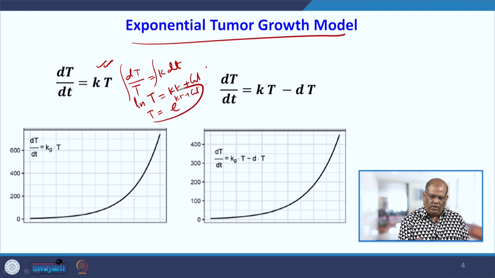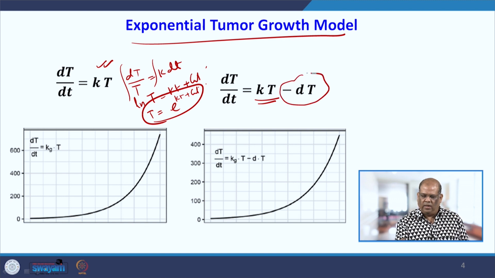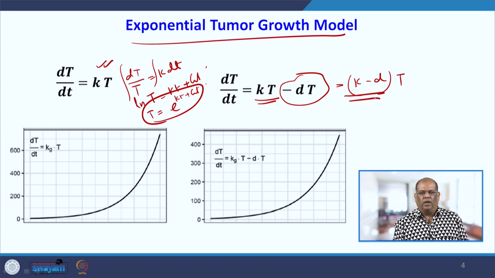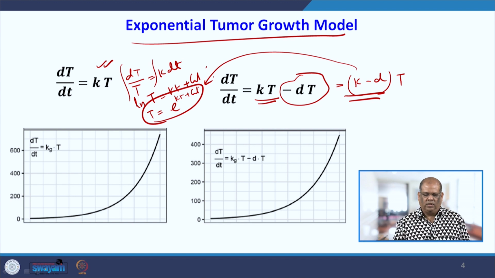So, that is why it is called the exponential tumor growth model. With the same logic, I say that there is some natural death of tumor cells, and hence this minus dT comes here, but again I can just take k minus d times T, replace this by a certain constant, and you get the solution same as this.